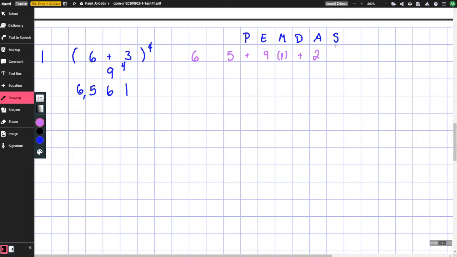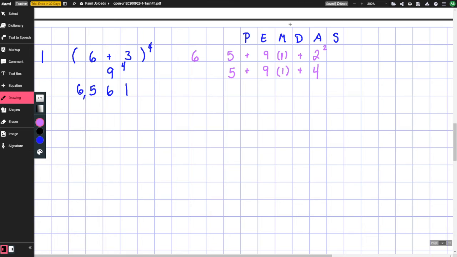Plus 2 squared. So PEMDAS, parentheses. Well, inside my parentheses is just the number 1, so there's nothing I can do there. So I go to E, exponents. I have one here. 2 to the 2nd power is 4. So I have 5 plus 9 times 1 plus 4.